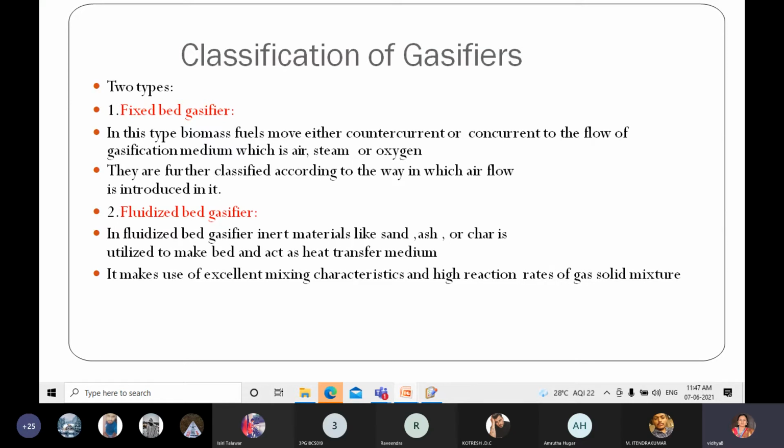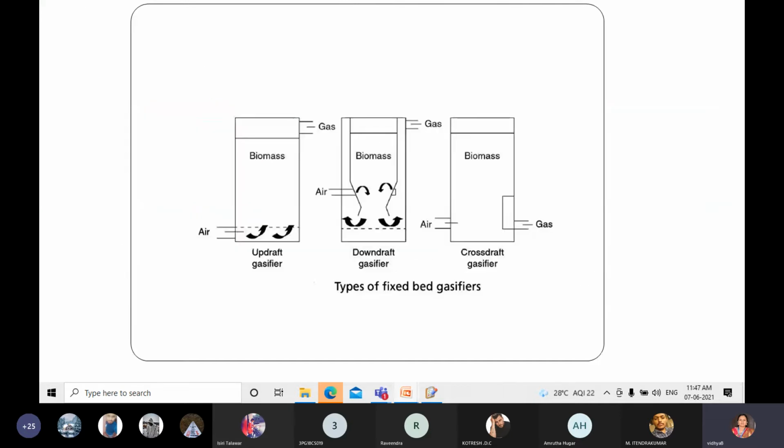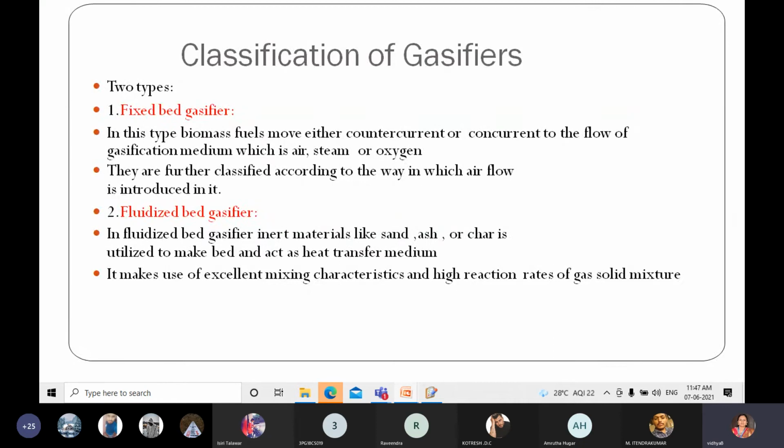There are three types of fixed bed gasifiers: updraft, downdraft and cross draft gasifier. We shall discuss them in detail in the next class.